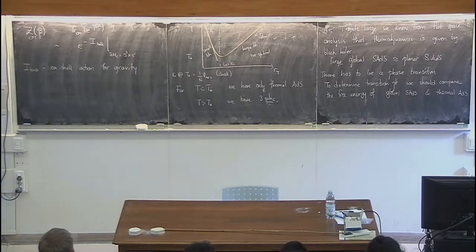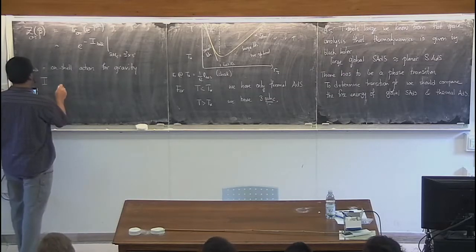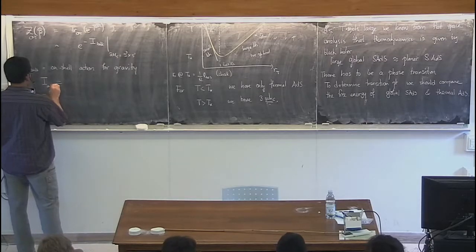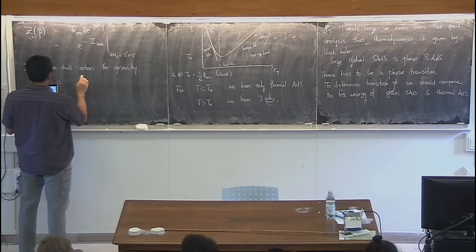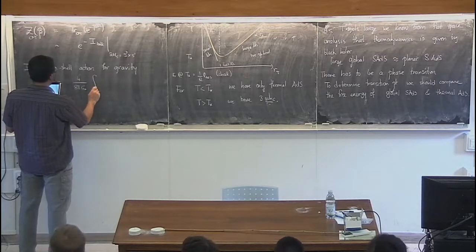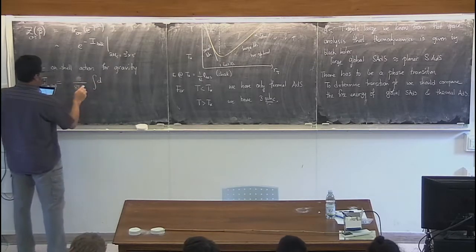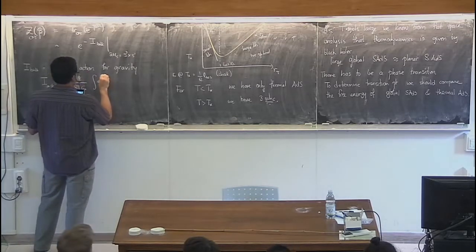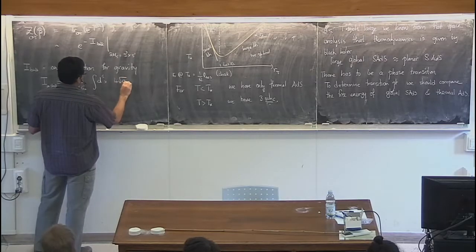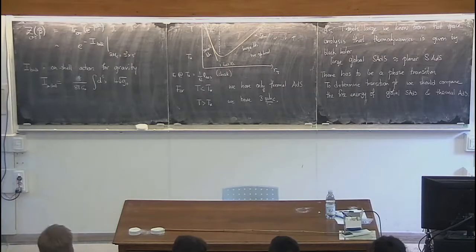So you find solutions to Einstein's equations, plug them into the Einstein-Hilbert Lagrangian, and compute the answer. So I is given by I on shell. If I use Einstein's equations and replace the Ricci scalar by its value, let me put the 8 pi G Newton here, d5x root g. I put E here to indicate it's Euclidean.